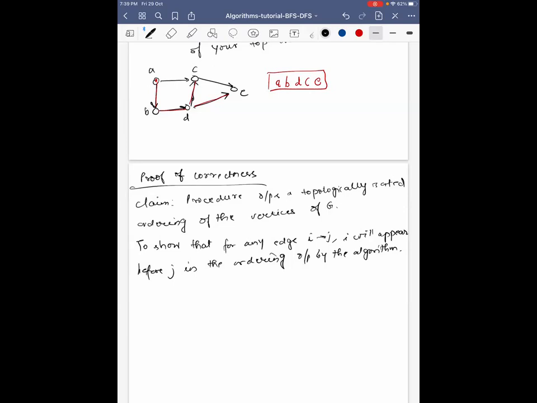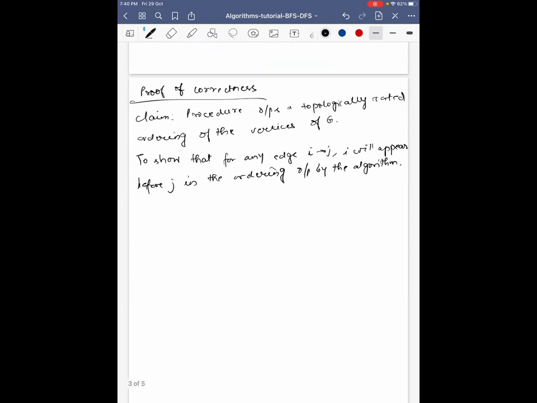So what's going to happen in that case? From I to J, then obviously J will be after I. Yes, that's correct. So we have two cases to consider.